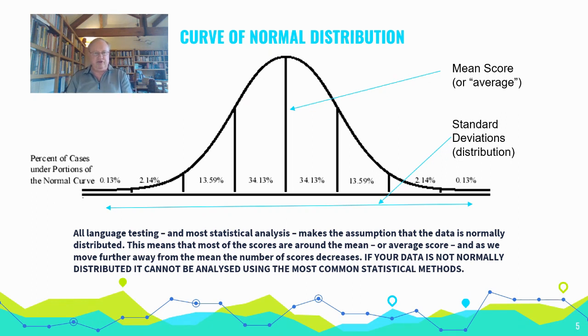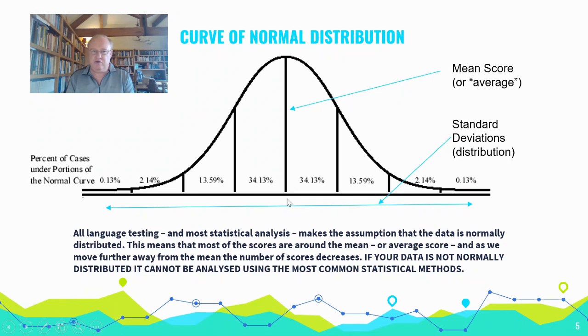We make the assumption that when we have scaled data and we're counting things, the data is normally distributed. Now, on the screen you can see a curve of normal distribution. The mean score is the average, so it's the one that occurs right in the middle here, okay?